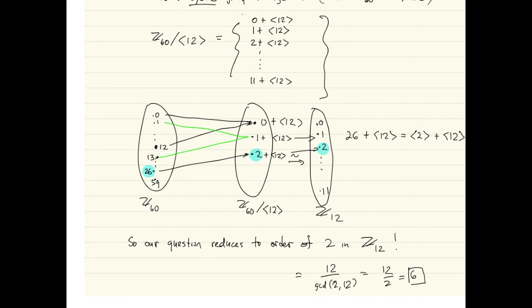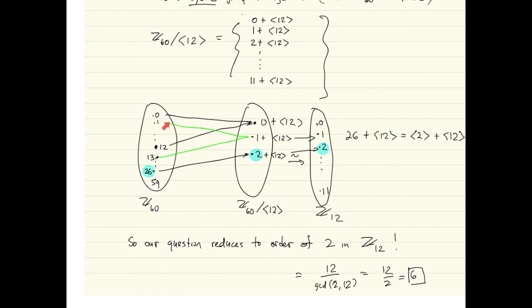Under this map from Z mod 60 mod 12 to Z mod 12, 1 plus bracket 12 goes to 1. That's how I'm defining this map. And so 2 plus bracket 12 goes to 2 and so forth. So this 26 goes to the coset 26 plus bracket 12, which is the same as the coset 2 plus bracket 12.